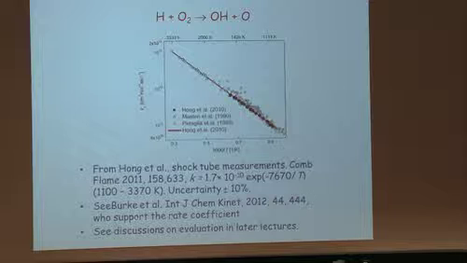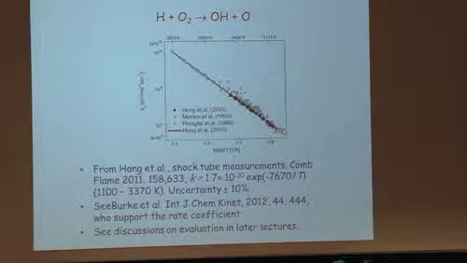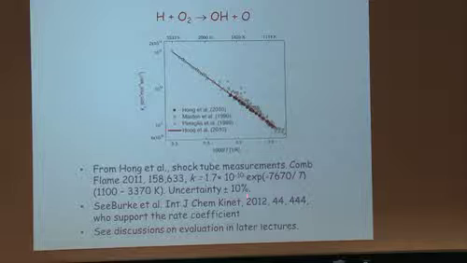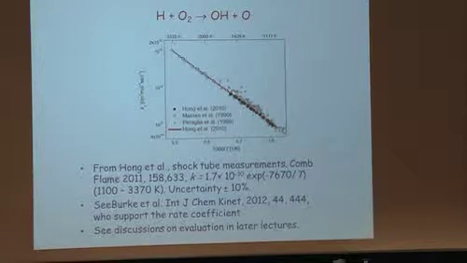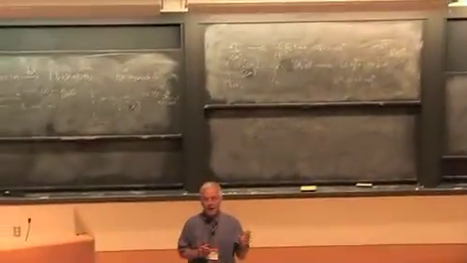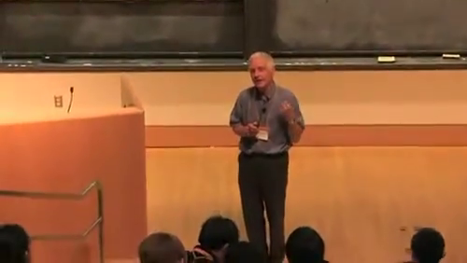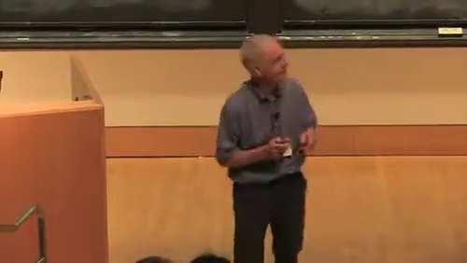Now, one important paper that I would strongly encourage you to read is this paper with first author Mike Burke, in the International Journal of Chemical Kinetics last year. This is an analysis led by Fred Dryer and by Stephen Klippenstein, looking at all of the rate coefficients and making recommendations for the central rate coefficients for this hydrogen-oxygen system.